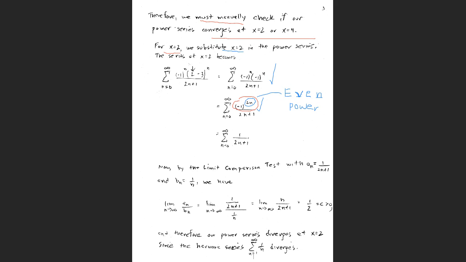When n is 0, you'd have negative 1 to the 0th power. When n equals 1, you'd have negative 1 squared. When n is 2, you'd have negative 1 to the 4th. It's a little sloppy there.